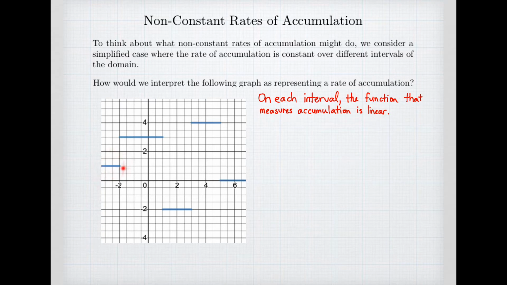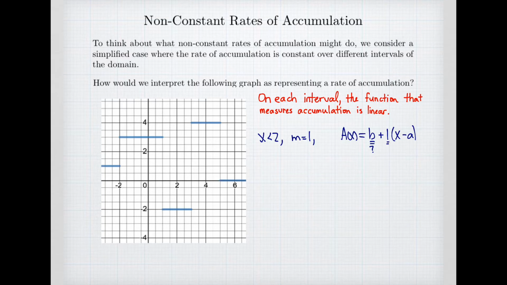On the first interval, when x is less than -2, my slope is 1, and so I've got some function, which we'll call a of x, our accumulation function, that is some constant, we don't know what that is, plus 1 times x minus some value. I know the slope is 1.